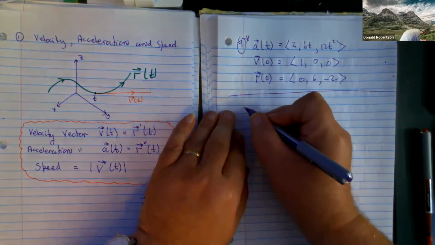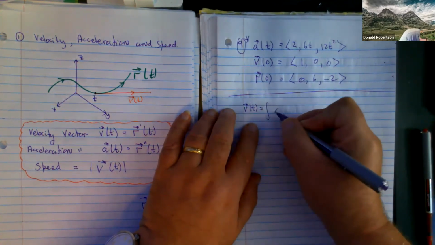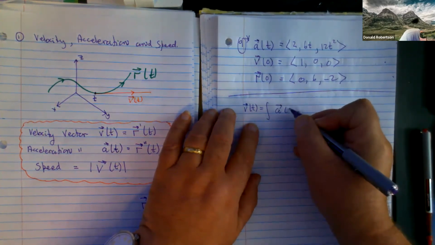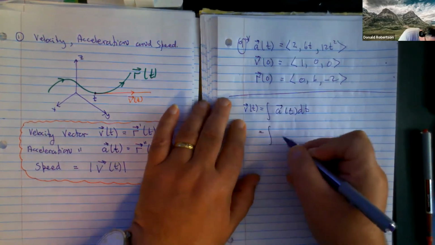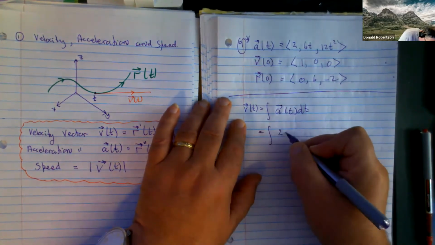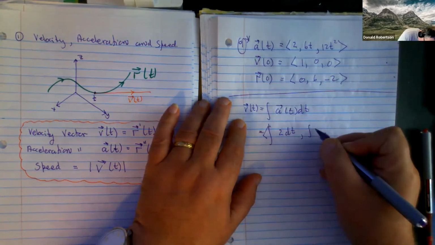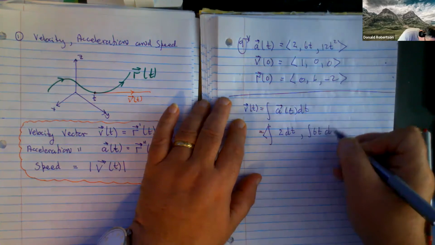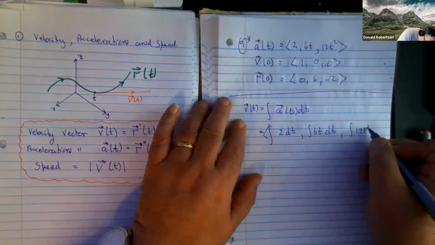The velocity vector is the integral of the acceleration vector. So it's going to be the integral of 2, the integral of 6t, and then finally the integral of 12t squared.